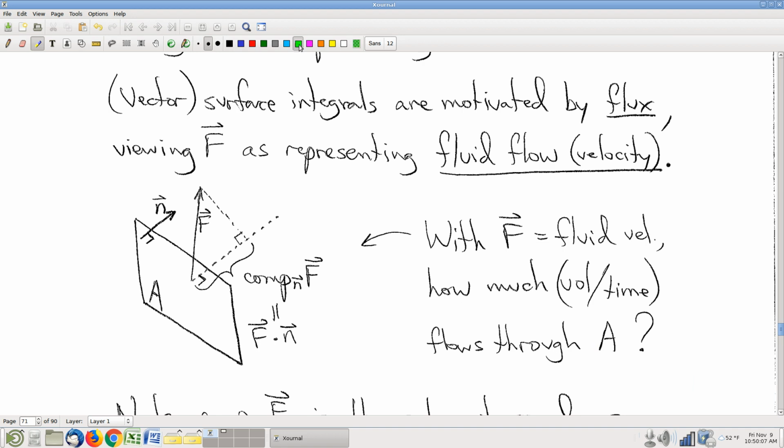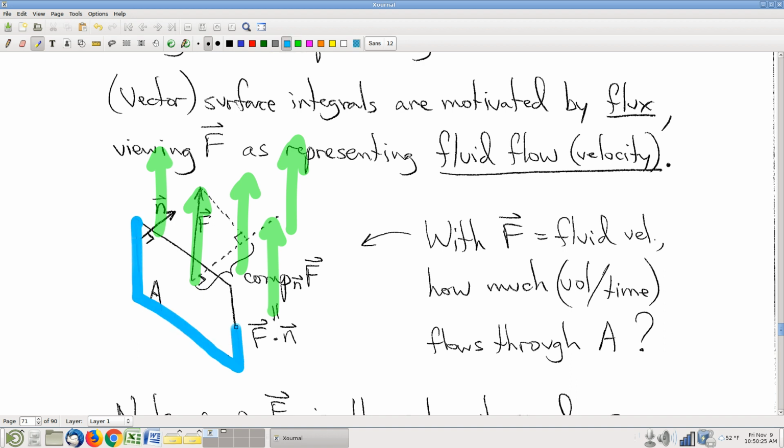And so instead of talking about, given a vector field in space, instead of asking how much of that fluid is flowing through a line, a natural question to ask in space would be how much of that fluid is flowing through this piece of surface. Right?